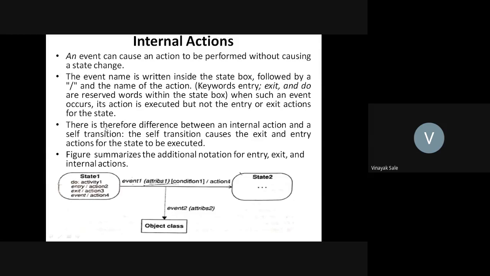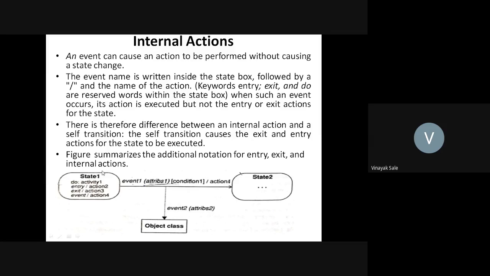There is therefore a difference between an internal action and a self transition. The self transition causes the exit and entry actions for the state to be executed. This figure summarizes additional notation for entry, exit and internal actions.